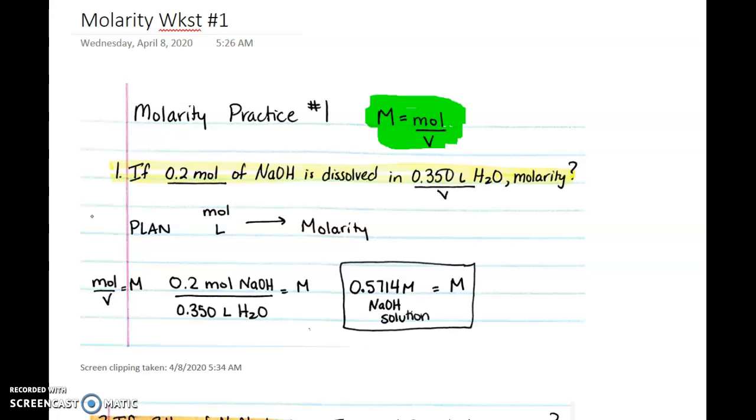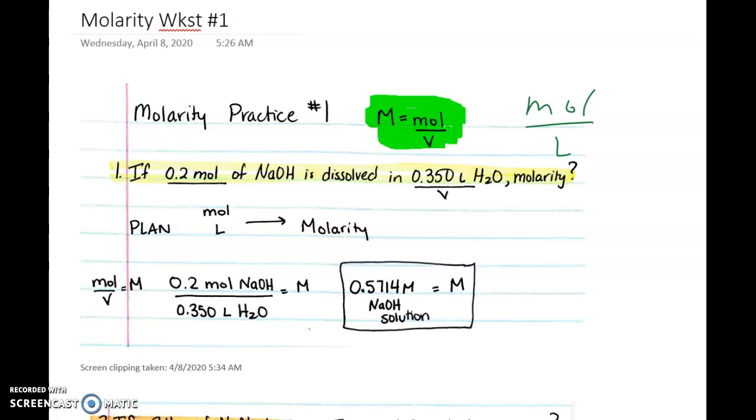So this one is nice because our units for this equation are moles per liter. That's our usual one. So as long as you have moles per liter, you don't need to do any conversions. You can just plug everything into the equation, bing, bang, boom, and you get your answer.